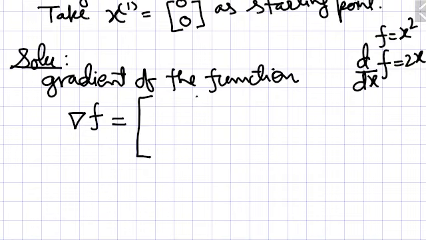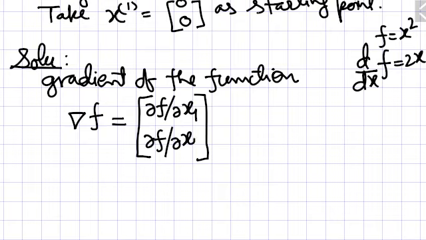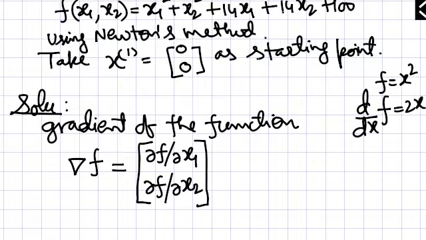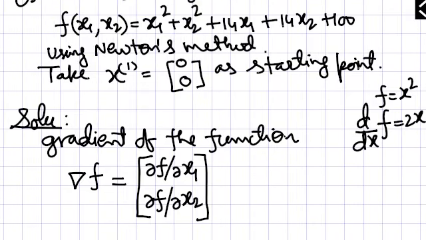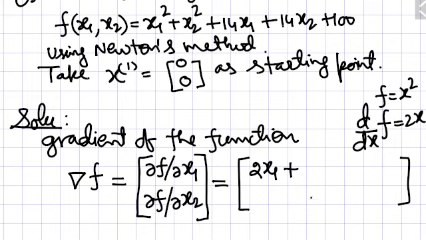Since there are two variables, you will make a matrix like this, and here the first element will be this. You will partially differentiate the function with respect to x1 and partially differentiate with respect to x2. When you differentiate with respect to x1, what do you get? 2x1 plus, this will be 0 because it is taken as constant, and here plus 14.